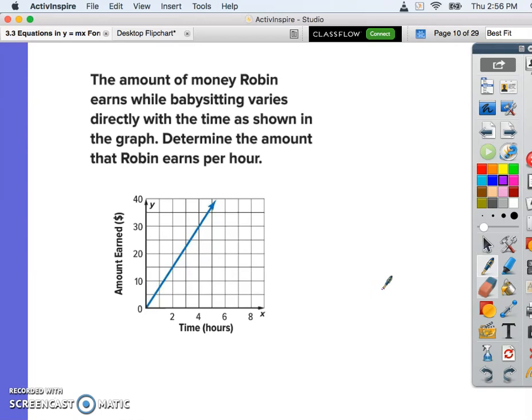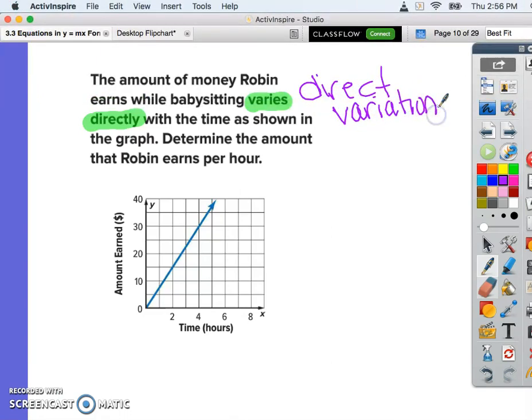Because it says it varies directly, that tells me right away that it is direct variation. Now, earns per hour, that's going to be your rate of change.